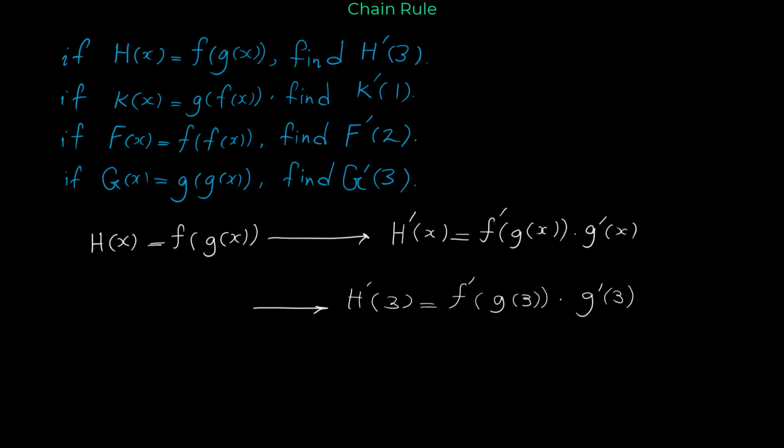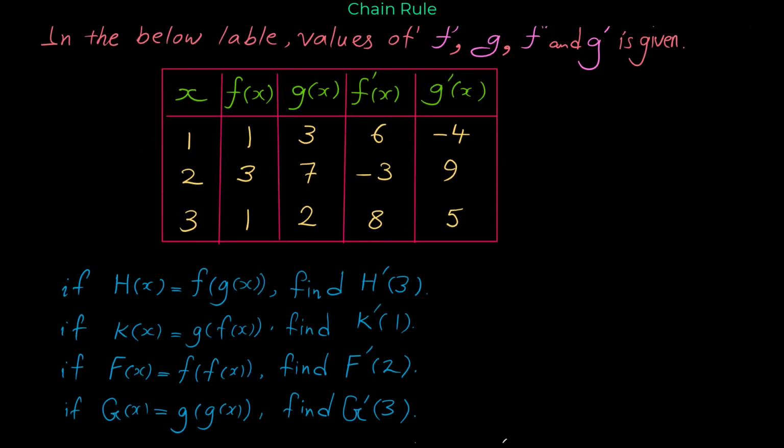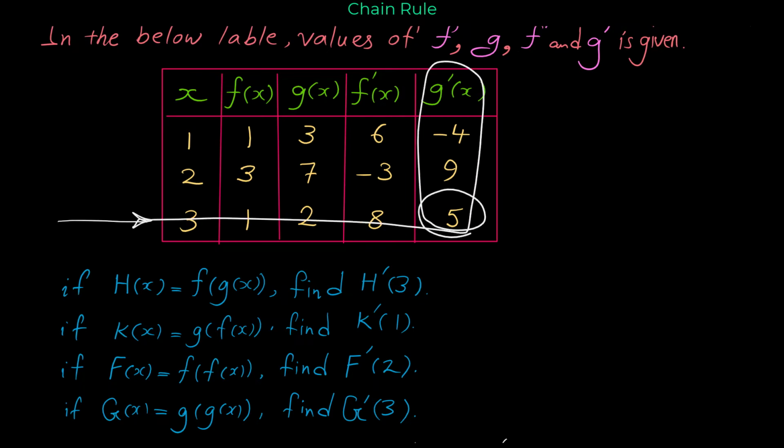Now let's take a look at the given table to find these values. First, let's find what is g prime at 3. When x is 3, the g prime value is 5.